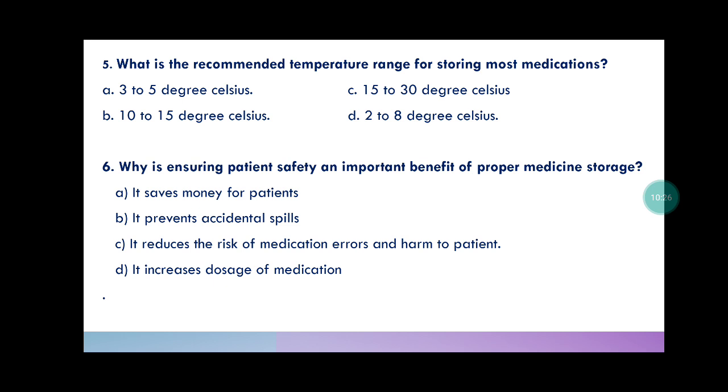Sixth, why is ensuring patient safety an important benefit of proper medicine storage? A. It saves money for patients. B. It prevents accidental spills. C. It reduces the risk of medication errors and harm to patients. D. It increases dosage of medication.